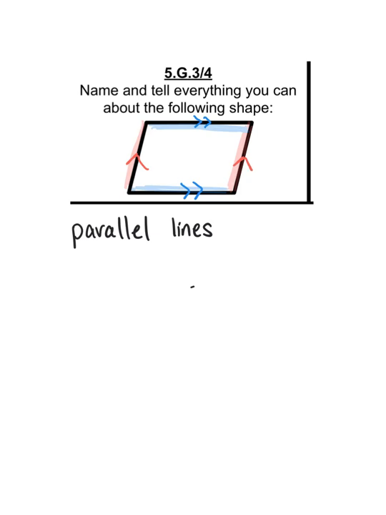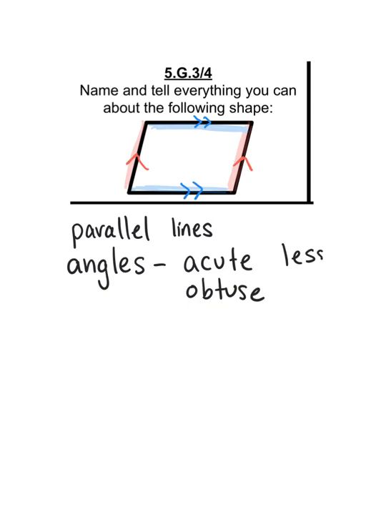Okay. Other good vocabulary words to include, maybe you would mention the size of the angles that you can see. I can see both acute and obtuse angles in this shape. Acute meaning less than 90 degrees, and obtuse meaning greater than 90 degrees.